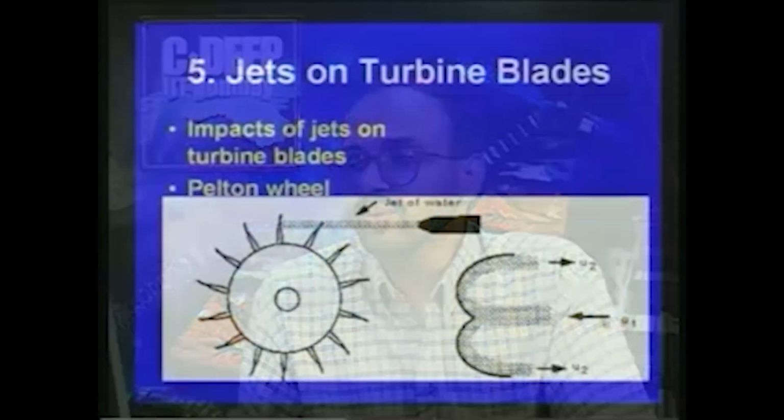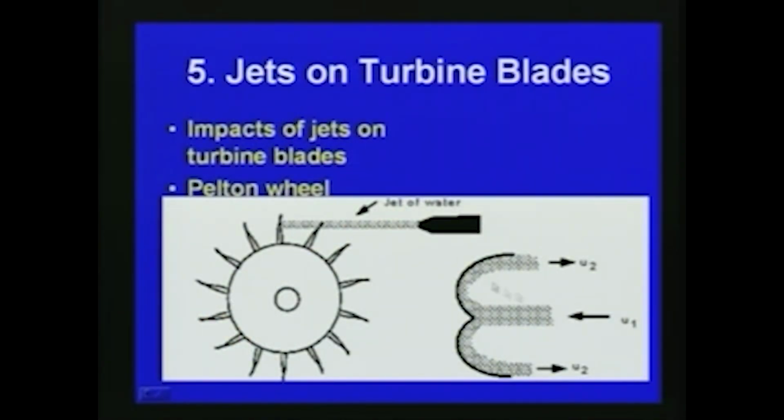Here we will analyze how we can find the force acting on the Pelton wheel. Most of the time the plates attached to the axle of the Pelton wheel will be curved like this, a curved vane type mechanism.